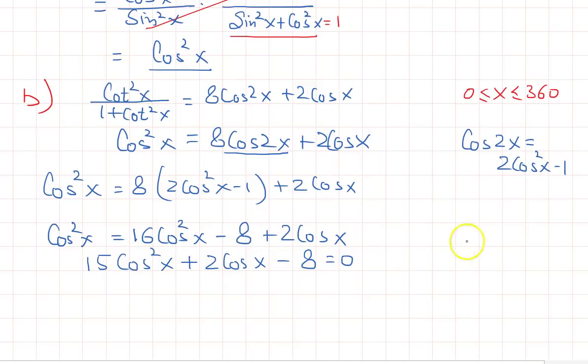Now this is a quadratic equation of the form 15x square plus 2x minus 8 is equal to 0.